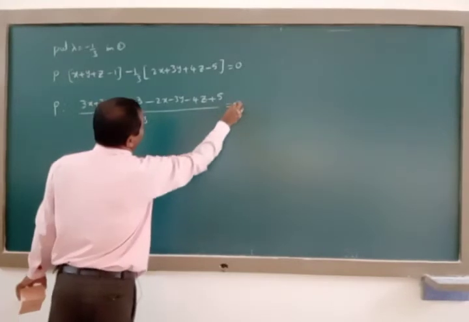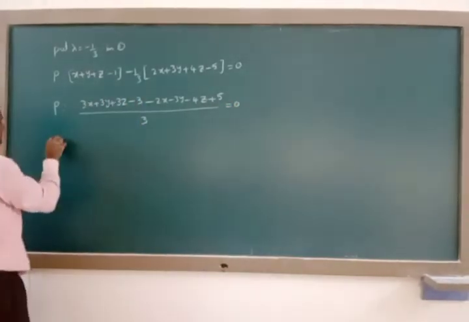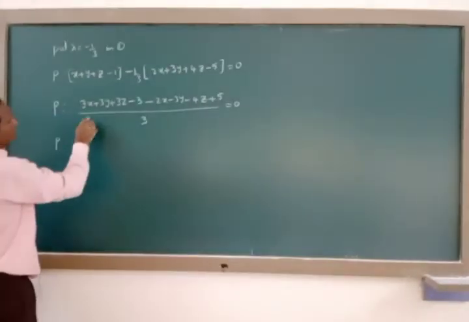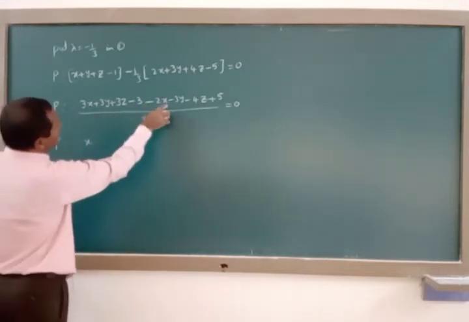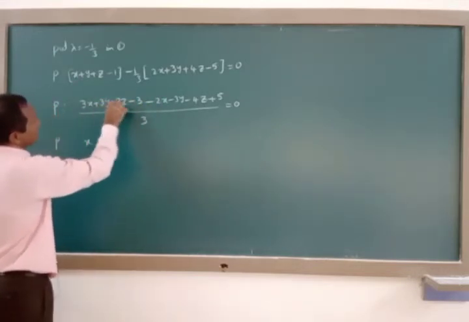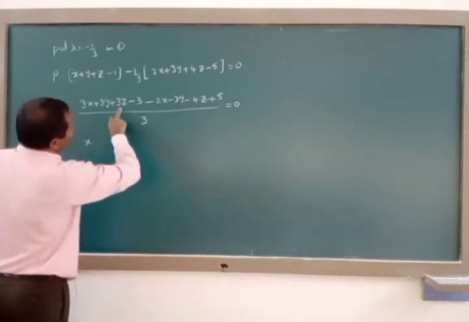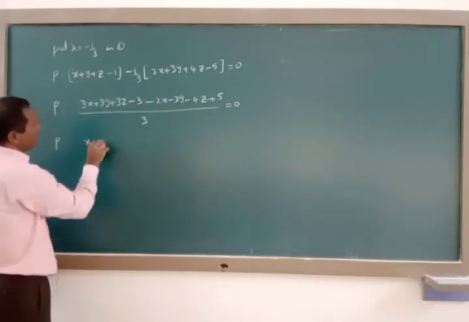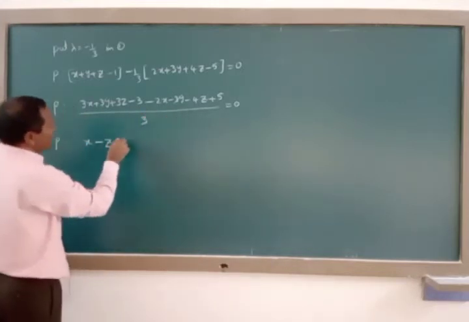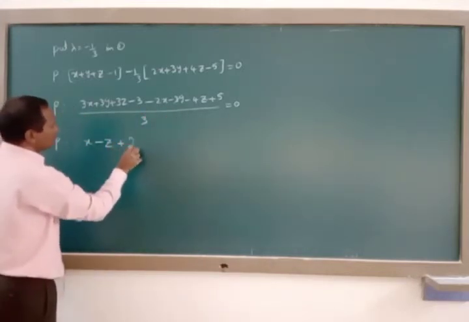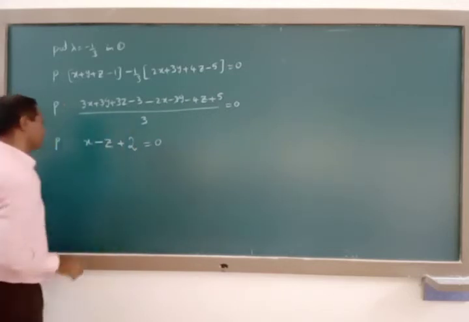Next, 3x minus 2x is x, 3y minus 3y cancels, 3z minus 4z is minus z, minus 3 plus 5 is plus 2, is equal to 0.